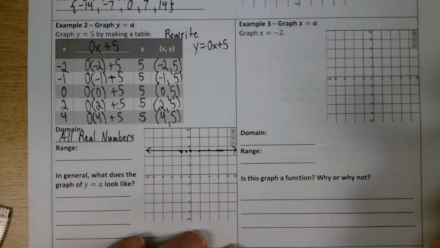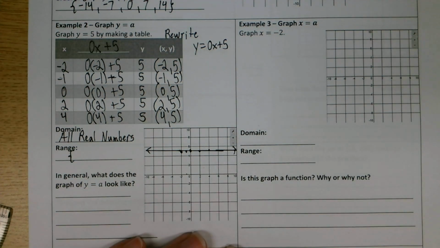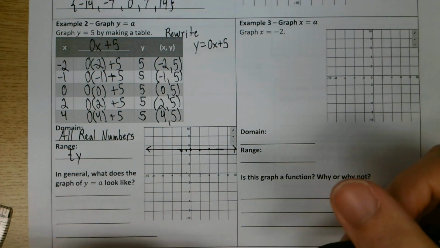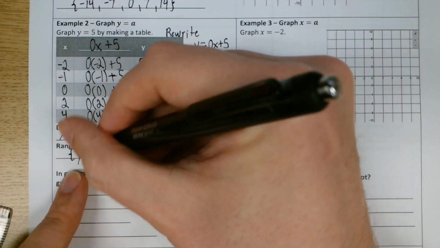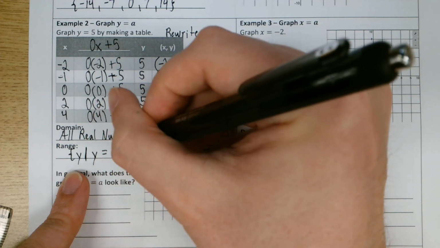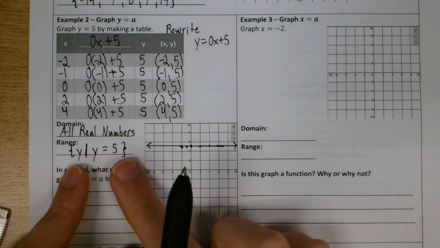We're going to write it this way. You're going to write it in some curly brackets, and we're going to write a y followed by a bar, then y equals 5. We call this set notation.